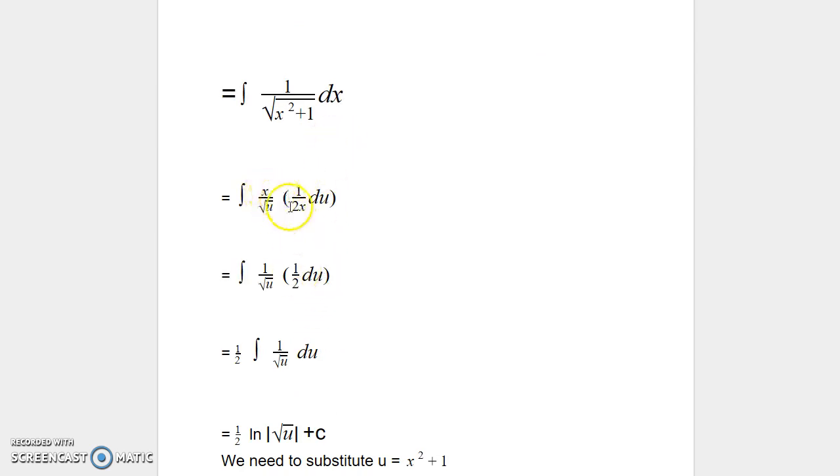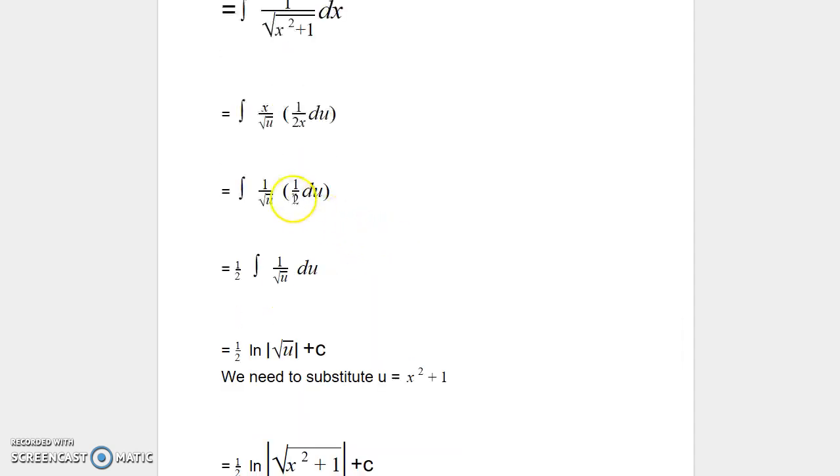We have an x in the numerator, we have an x in the denominator. Those two terms cancel out. So we are left with the integral of 1 over square root of u times 1 over 2 du. Since 1 over 2 is a constant, we're going to pull that out of the integration process.